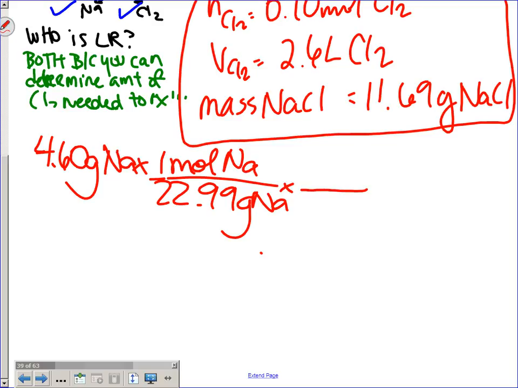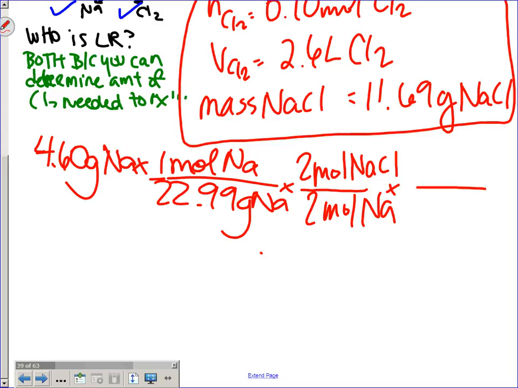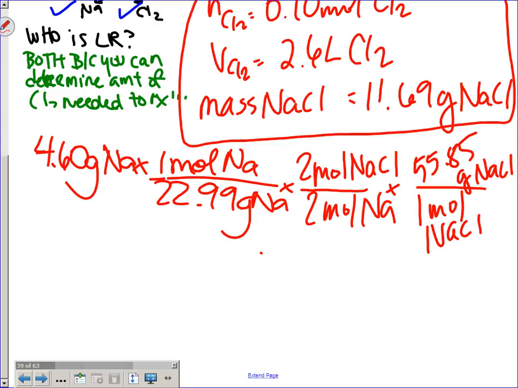What was the ratio between sodium and sodium chloride? 2 to 2. Okay. 2 moles of sodium chloride are formed for every 2 moles of sodium utilized in that reaction. And then your final step would be to take your moles of sodium chloride to actual grams. And that's our molar mass that we consistently use, 55.85. And as long as that matches mostly, you should get something very close to that.